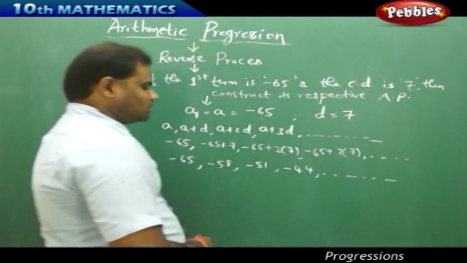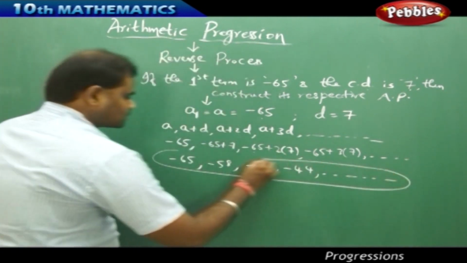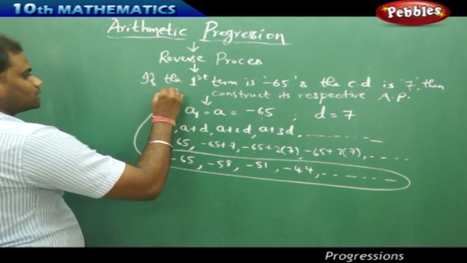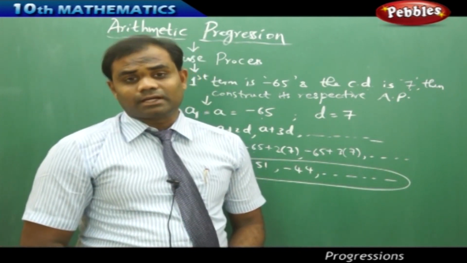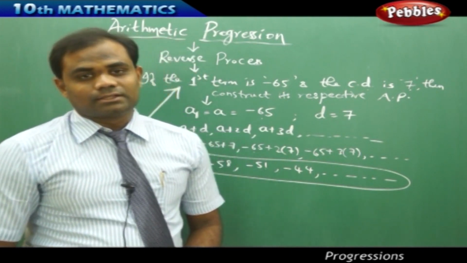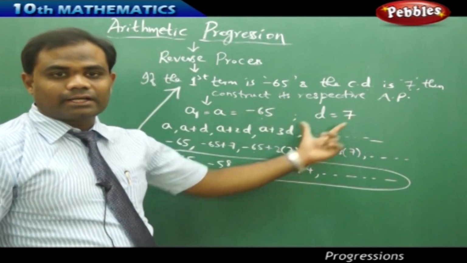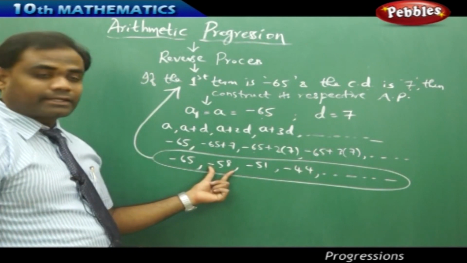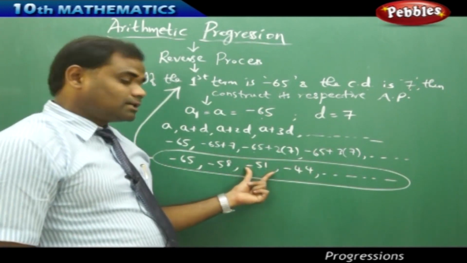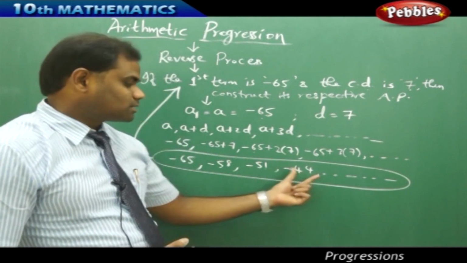So this is how the sequence is constructed using the first term and the common difference. So the first term is minus 65, the second term is minus 58, the third term A3 is minus 51, and the fourth term A4 is minus 44.